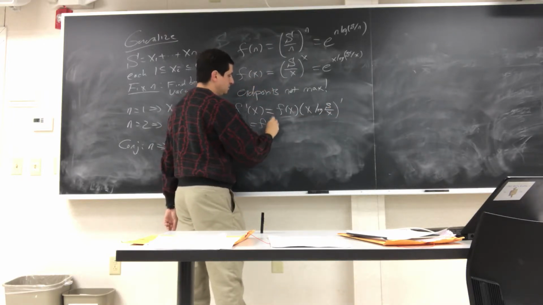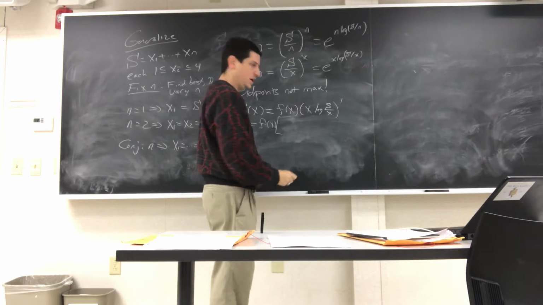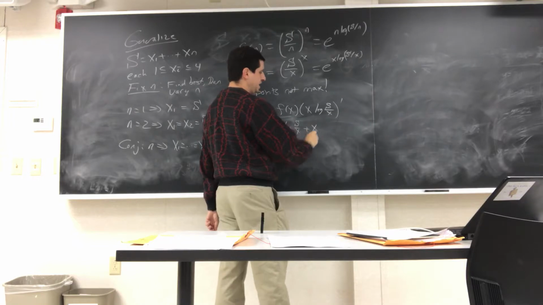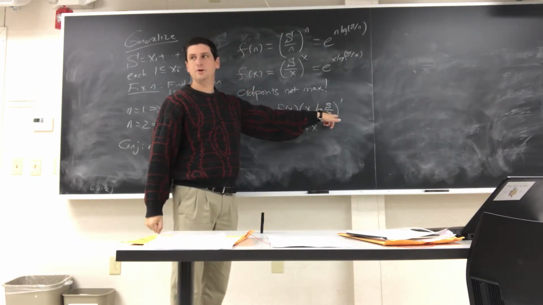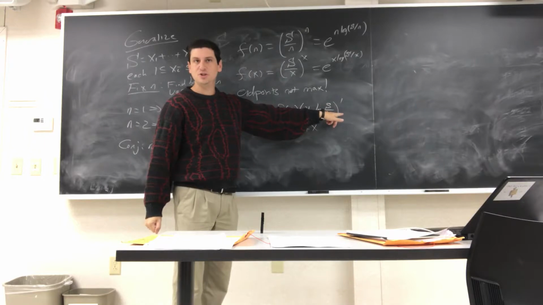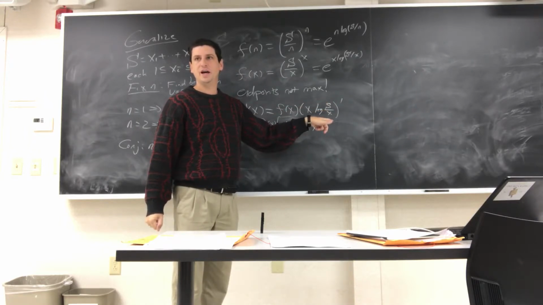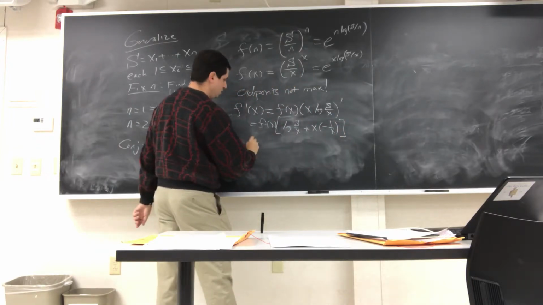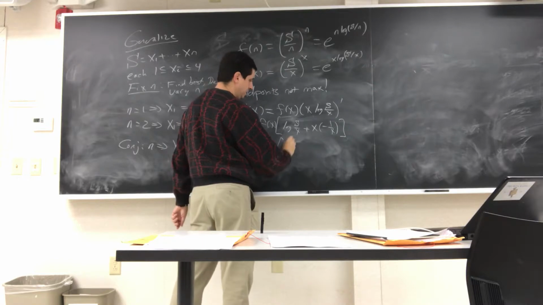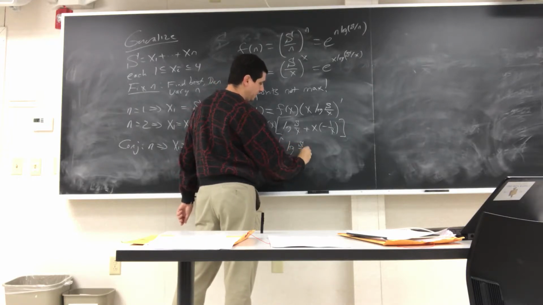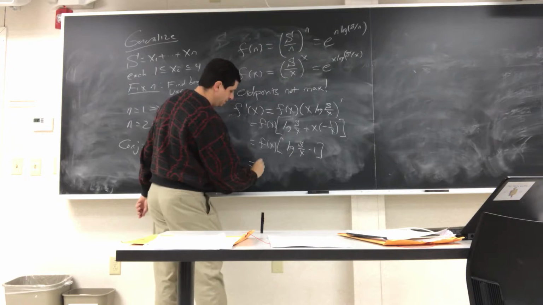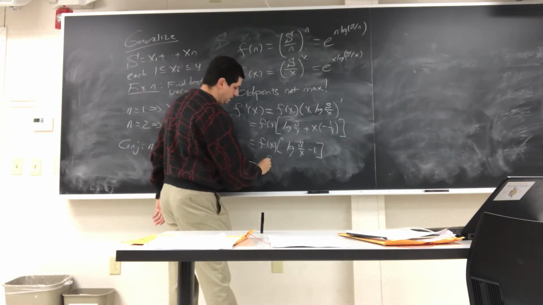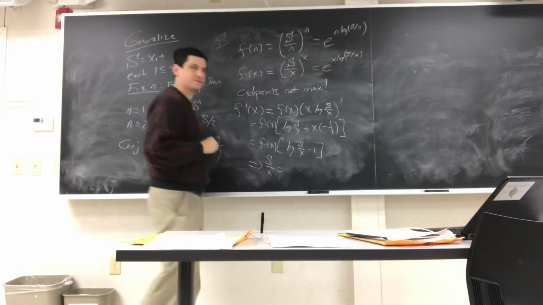So I get f of x, and then when I take the derivative, I get the log of s over x plus x times the derivative of log of s over x. Well, that's the log of s minus the log of x. The derivative of log of x is 1 over x, so I get x times negative 1 over x. So I get f of x times (the log of s over x minus 1). Therefore, s over x has to equal what?